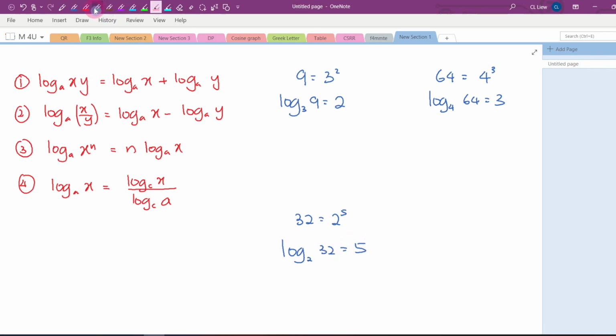Now, let me change the way of writing this 3. Change the way of writing this 9. 9 is equal to 3 power 2. 64 is equal to 4 power 3. 32 is equal to 2 power 5.